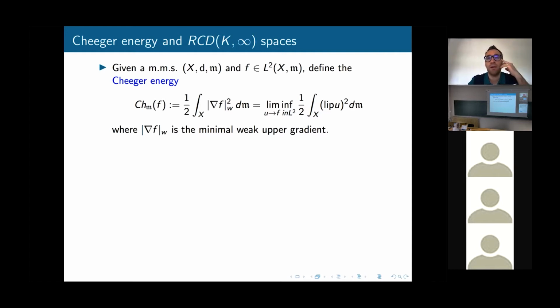Well, it is when it satisfies the parallelogram identity. Okay, so this is at the level of smooth spaces. Now, if we are on a non-smooth space, we don't really have a norm, and we don't really have a tangent space with a norm. So how to see the Riemannian or Finsler behavior?